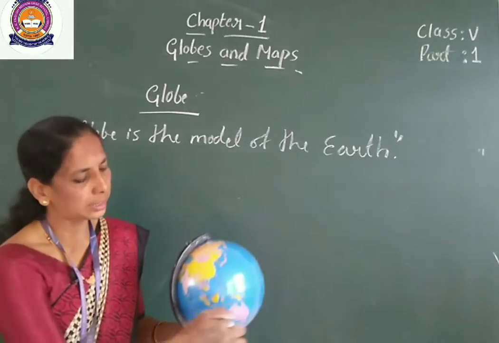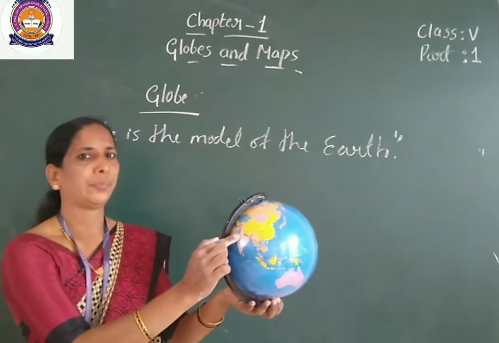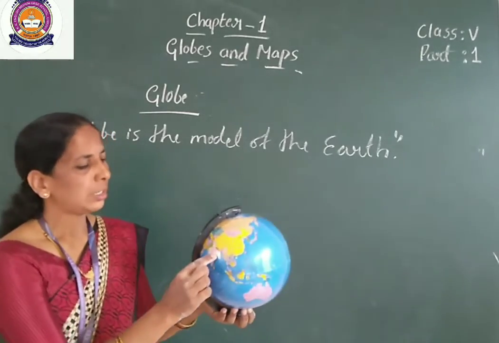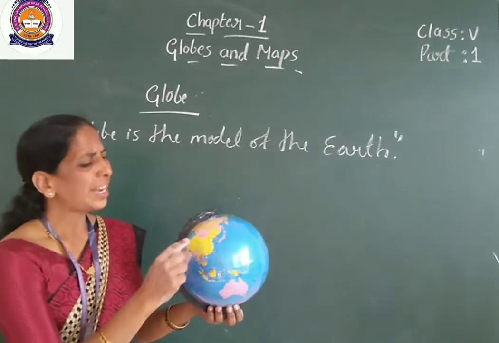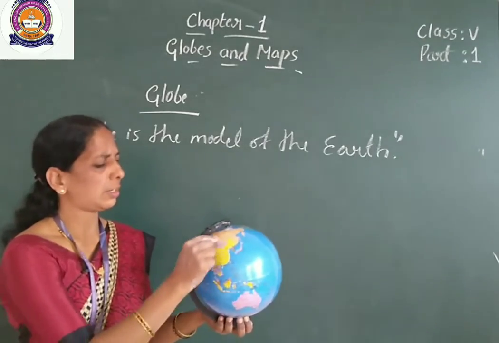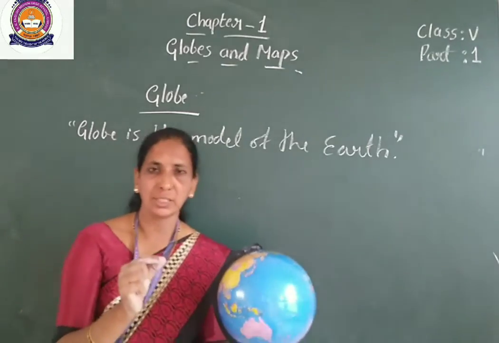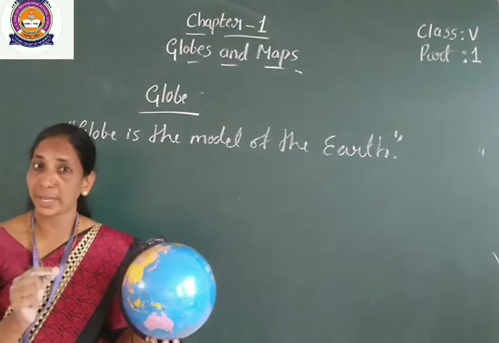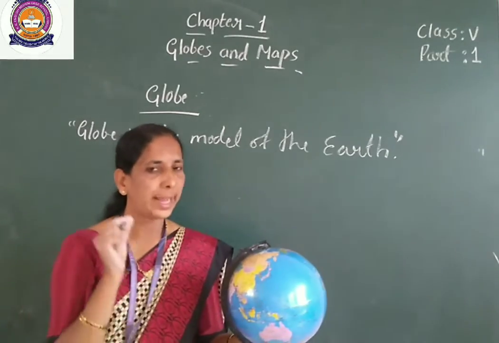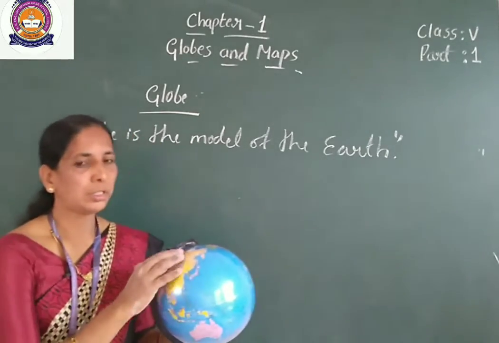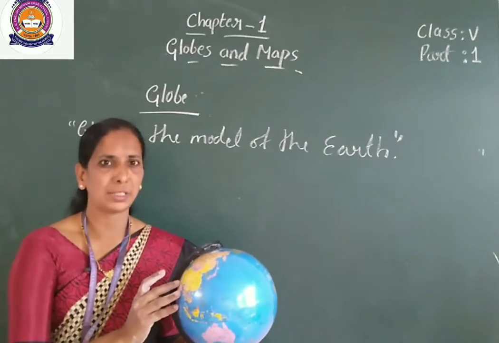Some different colors are denoted here, and some land masses. Some land masses are known as continents, which means huge land masses.